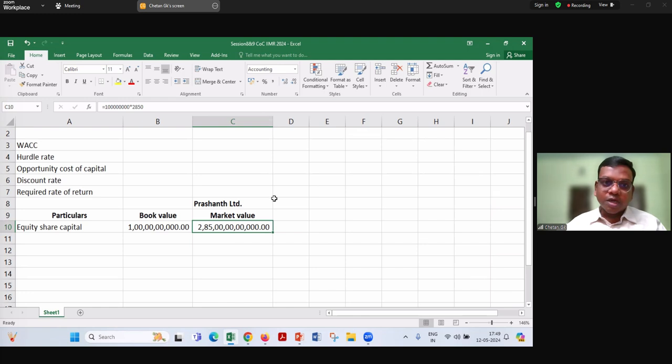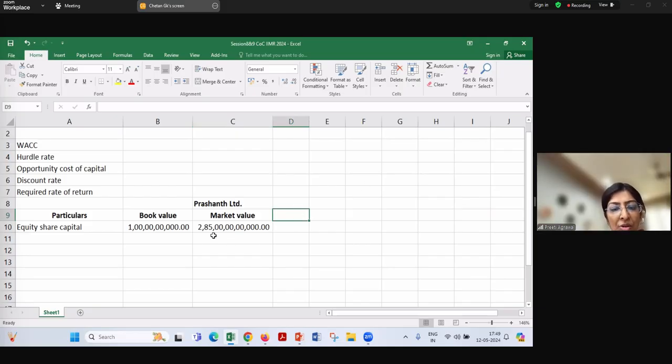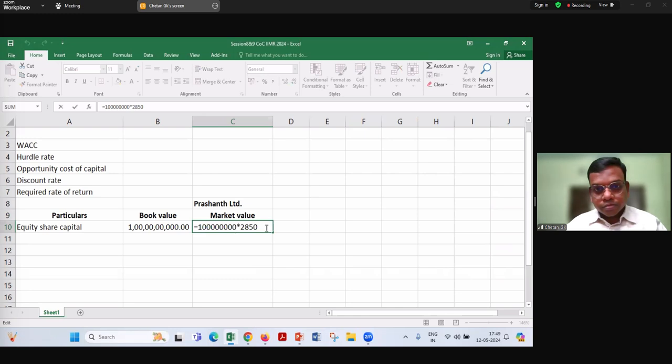The market value of this company is this much. Hope it is understandable, everybody. We have been discussing what market cap is in the previous sessions as well. So 2,850 was the price of one share. Supposing you want to trade in Prashant Limited, you have to shell out 2,850 per share.